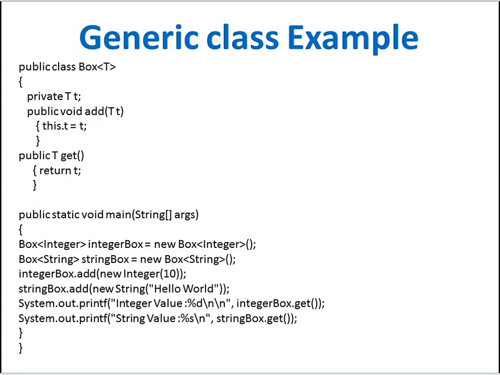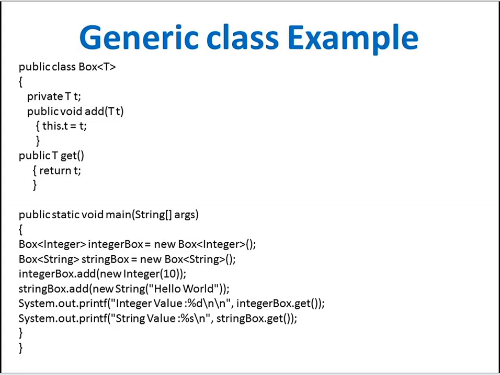Then the main program, public static void main String args, Box<Integer> integerBox. Here Box is the name of the class, Integer is the type, an object is created and its name is integerBox equal to new Box, and memory is allocated as integer type.